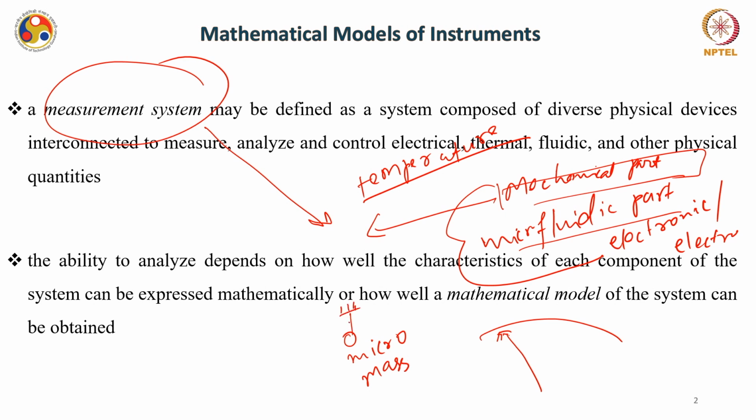There is a certain force because of the string and a certain force because of gravity, so you have two different forces, F1 and F2, acting on the mass. This mechanical system has different components, and all of them should be interlinked with each other using mathematical equations, and that is how you develop a mathematical model of the system.